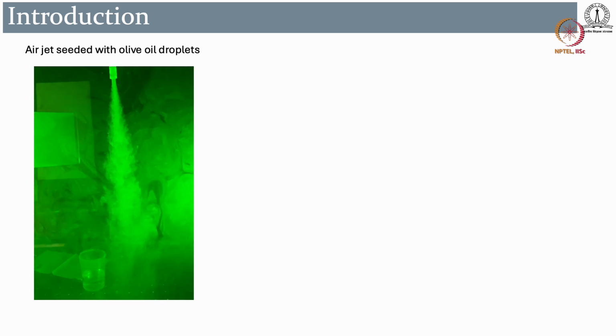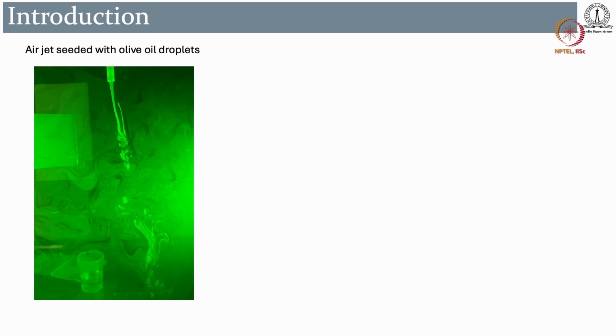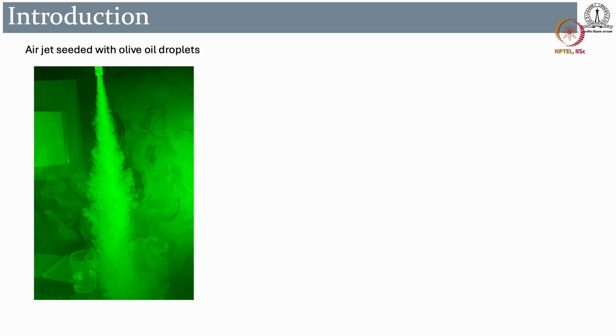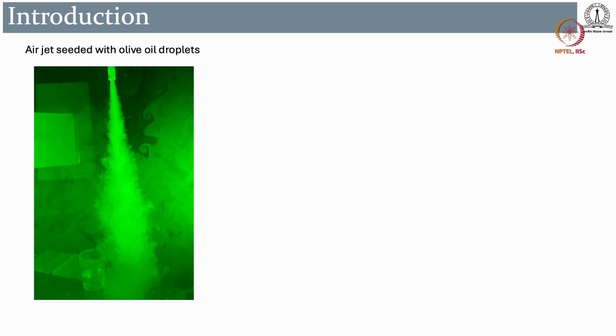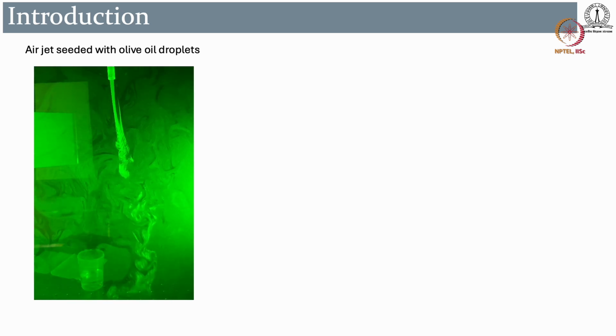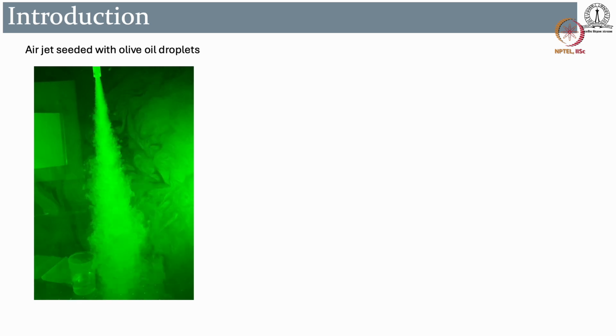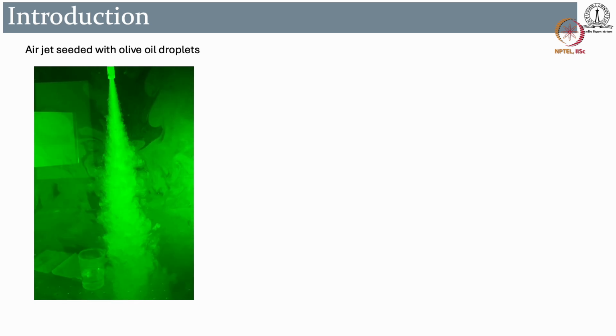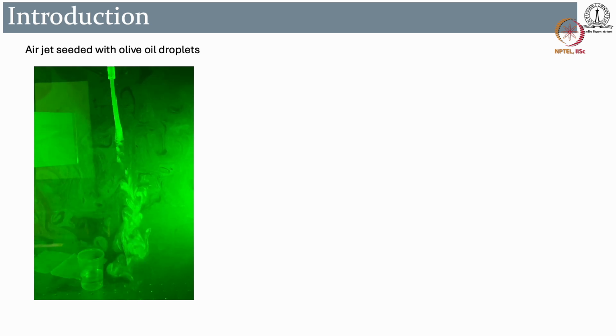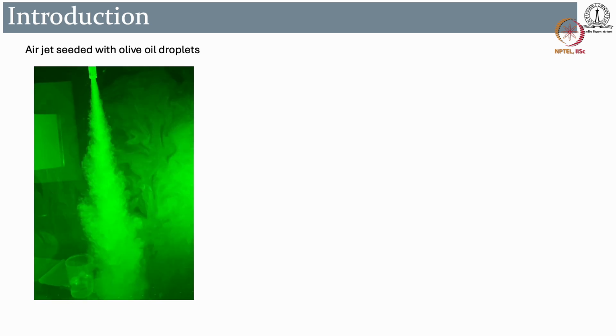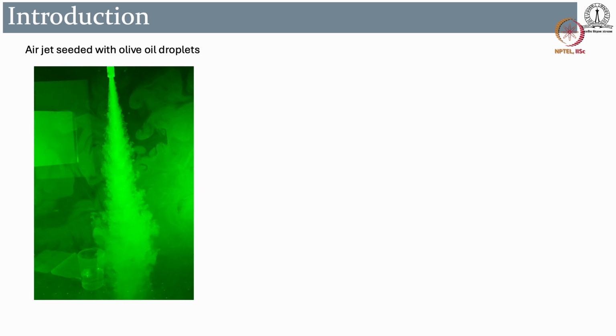Now we are using olive oil droplets of almost micron size to visualize this. We are also illuminating it with a green light laser, which is a very high power and high intensity source of light.